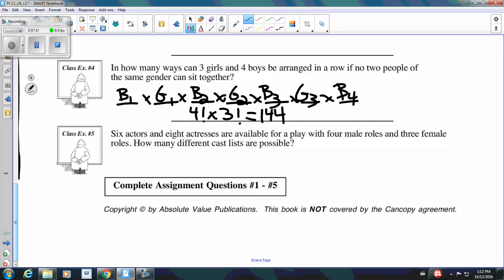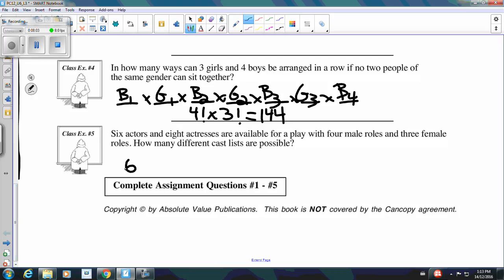So if I give one actor the role of Peter Pan, and then I give another actor the role of Captain Hook, that's different than if they switched roles. So if Bob was Peter Pan and Jack was Captain Hook in one arrangement, if I gave them opposite roles, I would end up with a different play. So order does matter in this case.